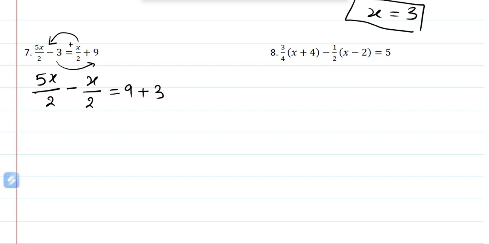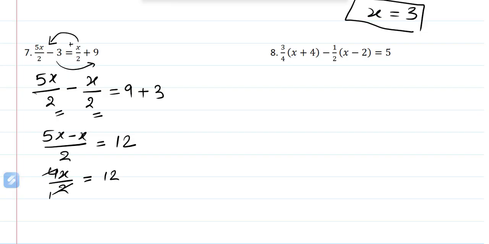Now since we have the same denominator, we can simply write here 5x minus x divided by 2, which is equal to 12. So this is now 4x divided by 2 is equal to 12. Now cancel this, 2 times 1, so 2 times x is equal to 12.